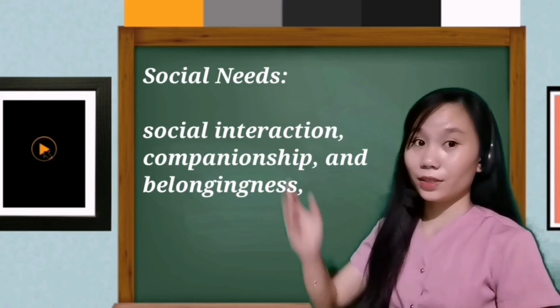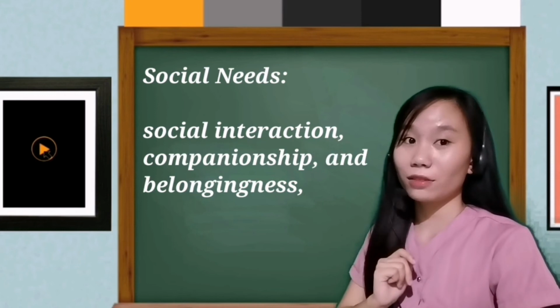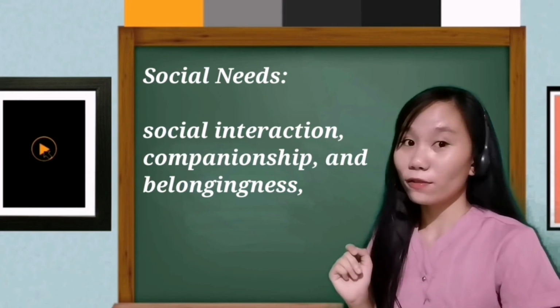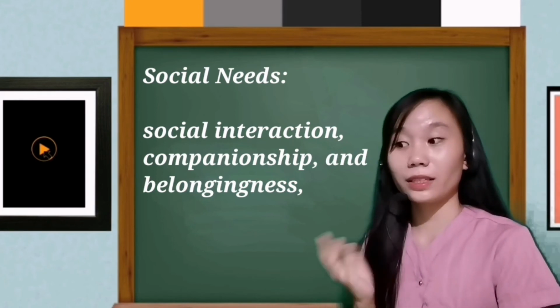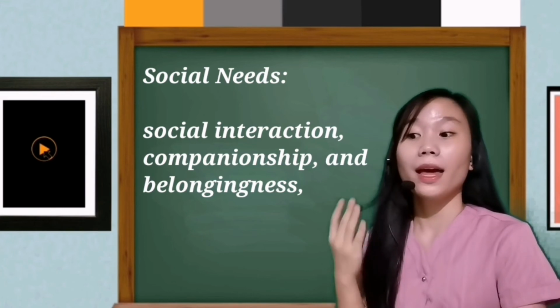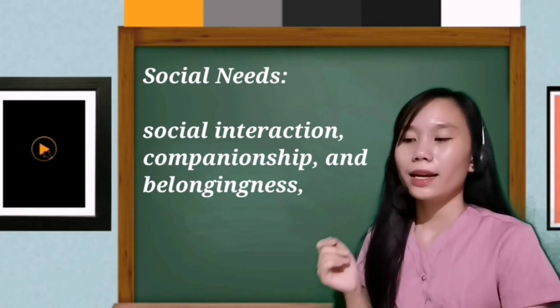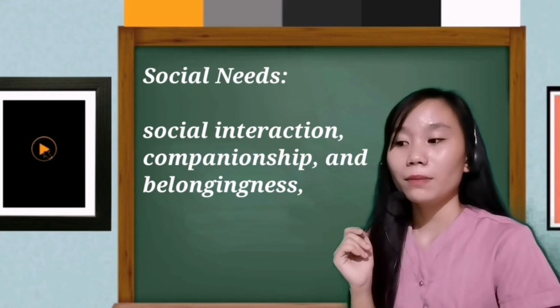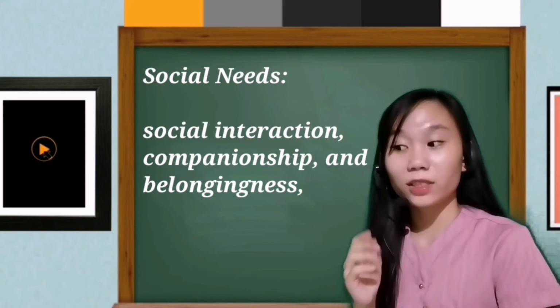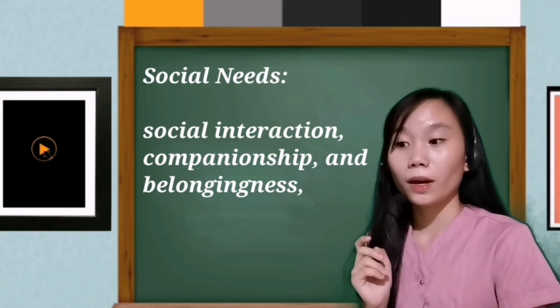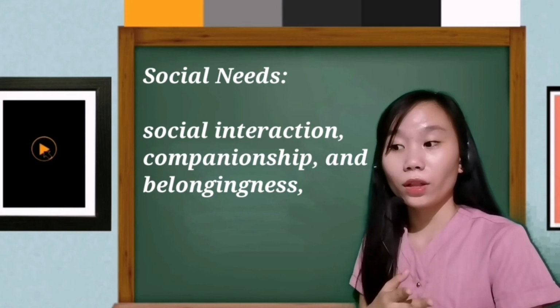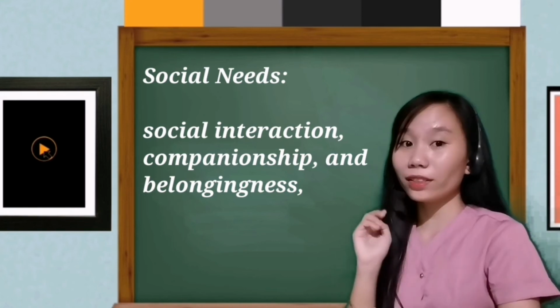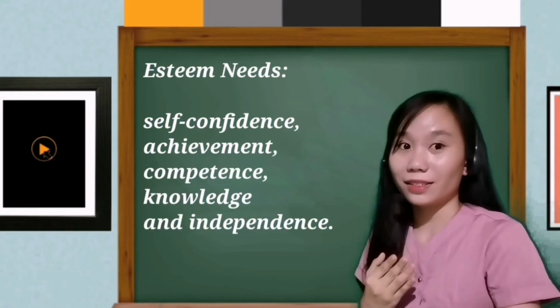Third is the social needs. Man is a social being. He is therefore interested in social interaction, companionship, and belongingness. It is socializing and belongingness that is why individuals prefer to work in a group, and especially older people go to work. Fourth is esteem needs.